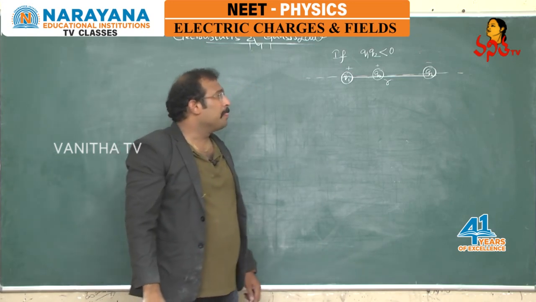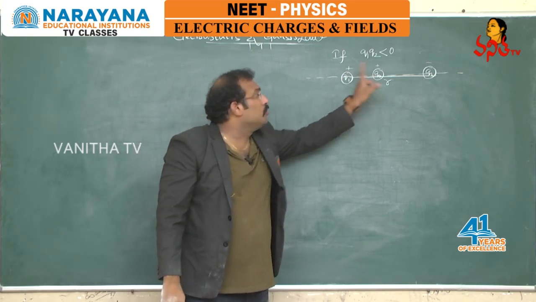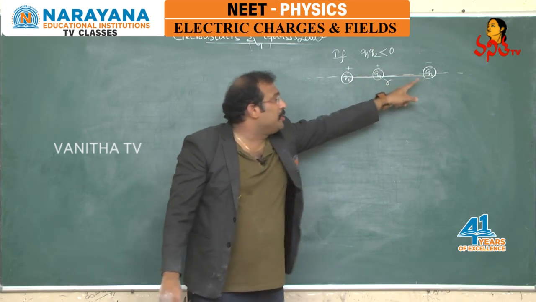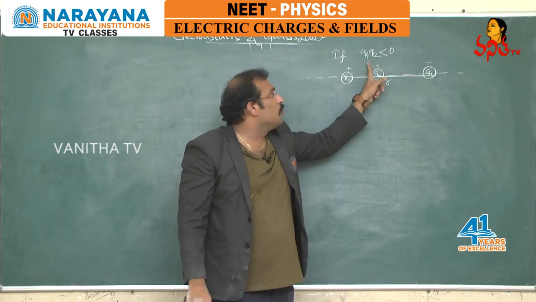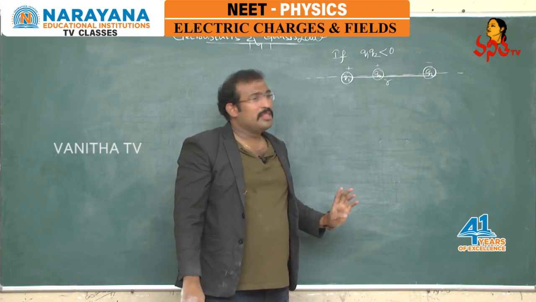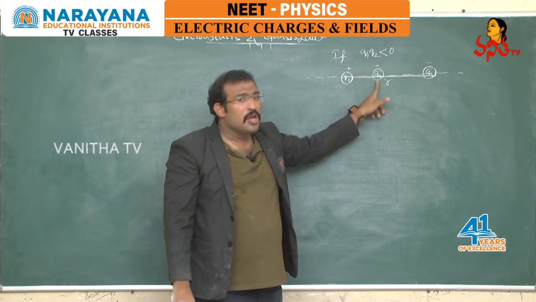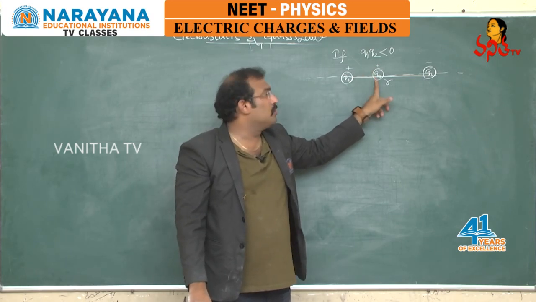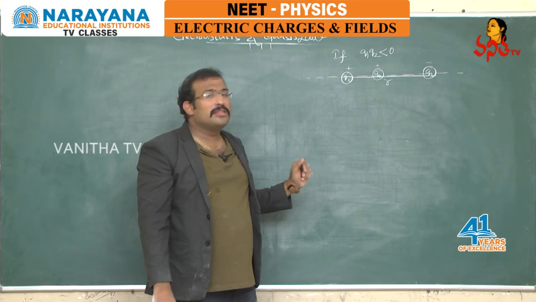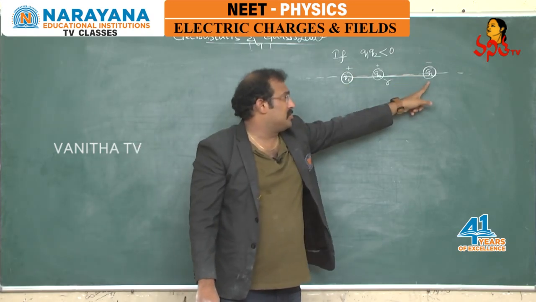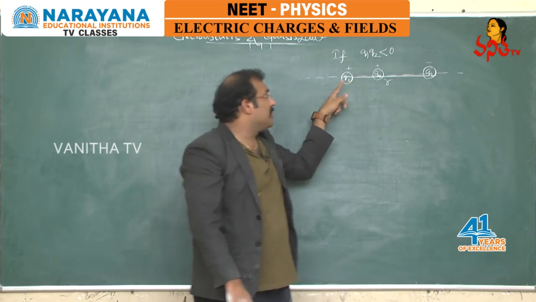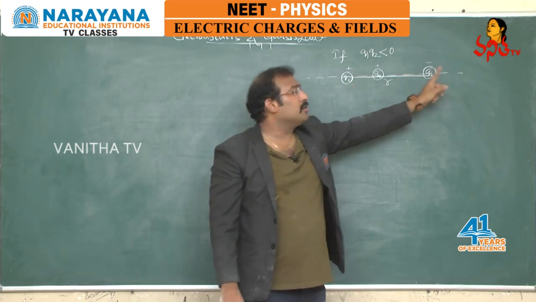So therefore, when the source charges are of different polarities, that is q1 q2 is less than 0, then the test charge will experience net force equal to 0 or net field equal to 0 only outside the line joining the two charges, whether it is this side or that side, that is whether near q1 or near q2.